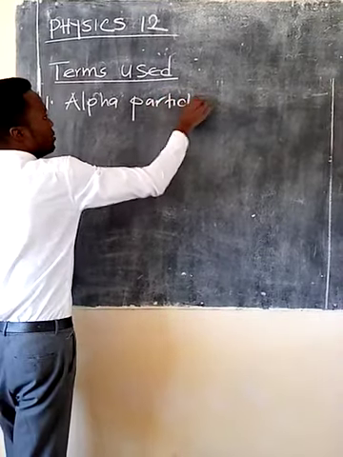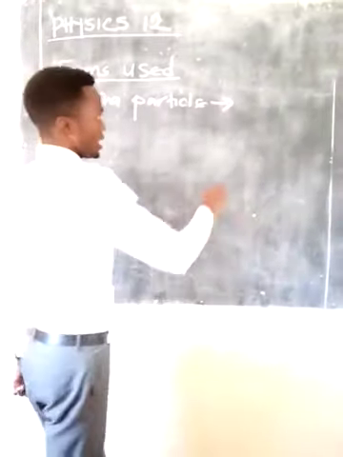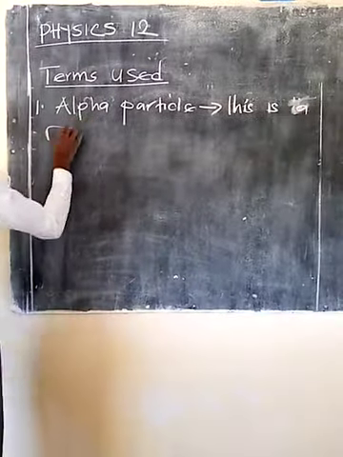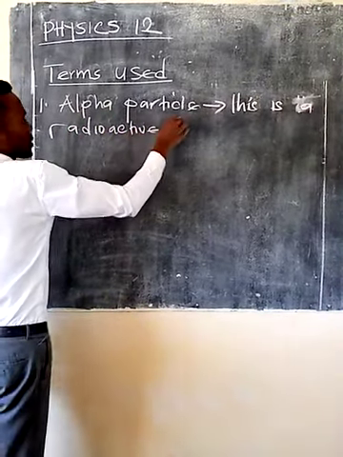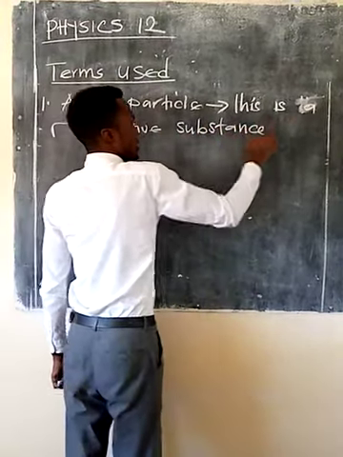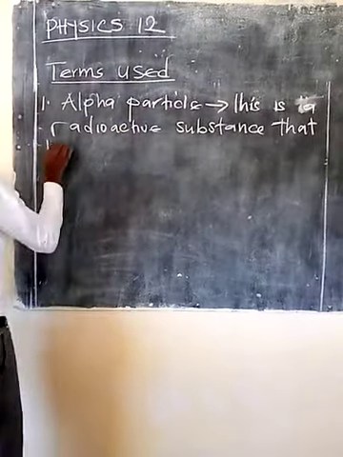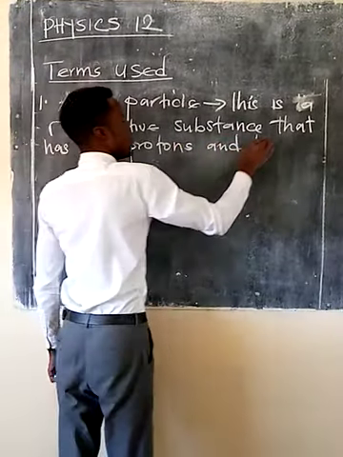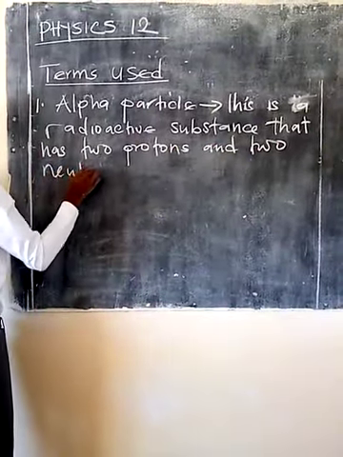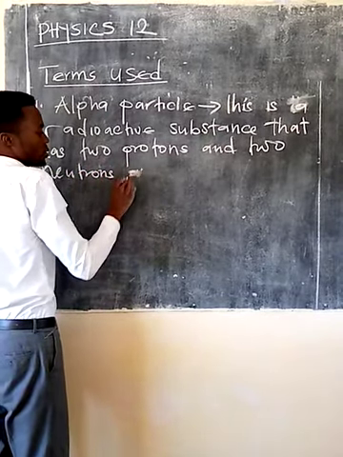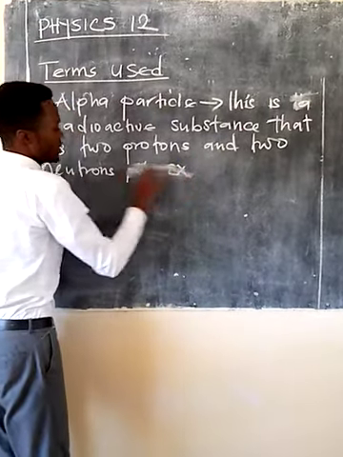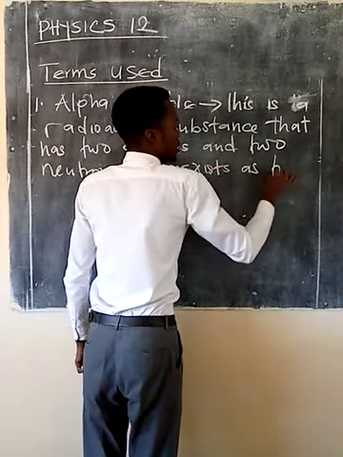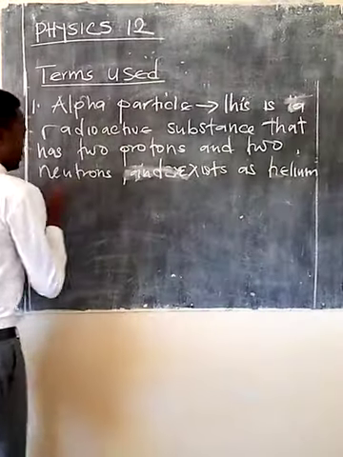We can define an alpha particle as a radioactive substance that has two protons and two neutrons, and exists as a helium nucleus.